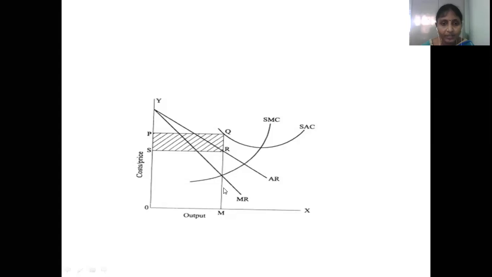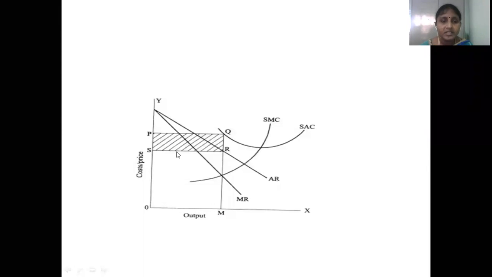So we need to extend this point onto the x-axis and up to your average revenue and up to this average cost. When I extend this up to this point, it gives the price at which you are selling that product. When you extend this point up to the average revenue, you see the cost you have incurred for manufacturing that product.